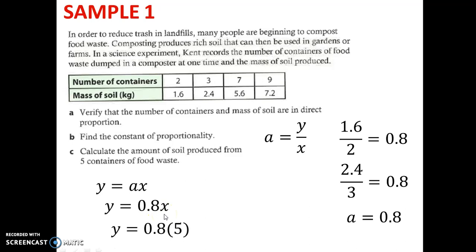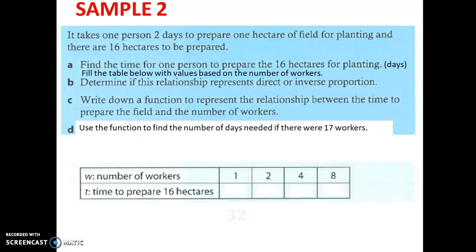And therefore, if you're finding a value like in part C, now you're plugging in an x value of 5 containers in there and finding out what that is. Again, I'm kind of rushing through this. I know I have a few minutes left in the video, so make sure you study this one and read it carefully and understand what's happening. All right, same with this one we did in class as well. We're going to fill in those values.